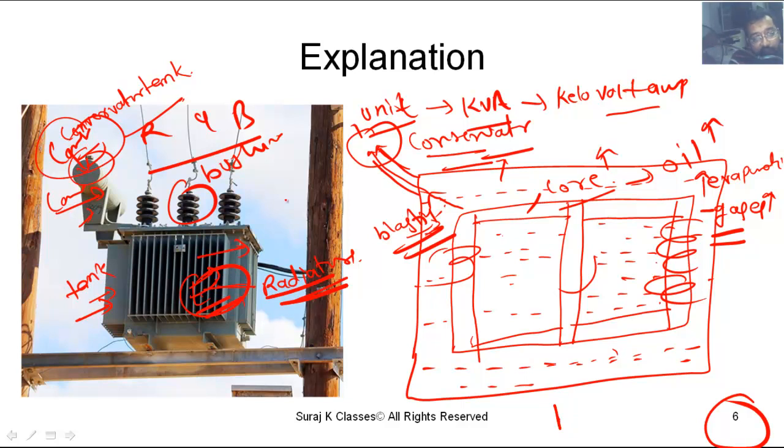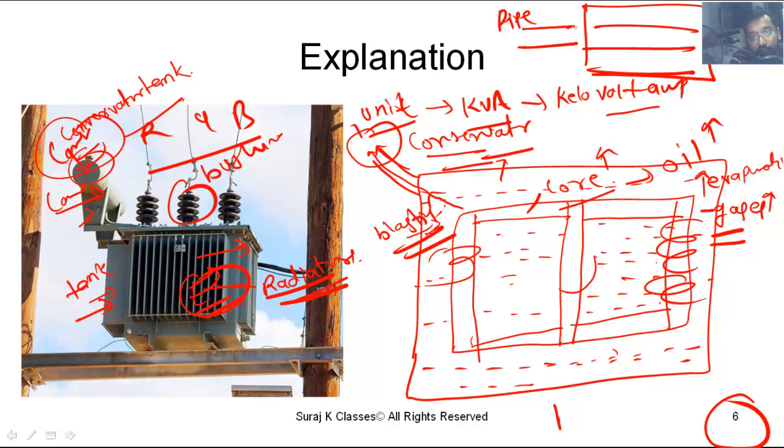The oil gets split into many flows: there is one flow of oil in the pipe here, and radiators are installed. When the oil volume is less and the area is more, the oil gets cooled down quickly. For cooling it quickly, the radiators are used.